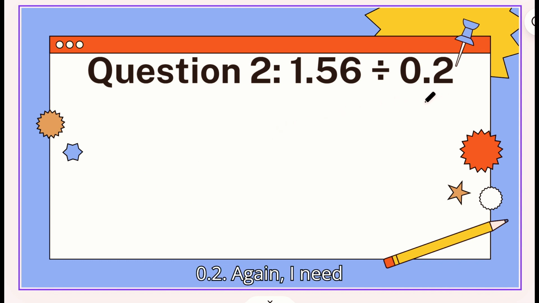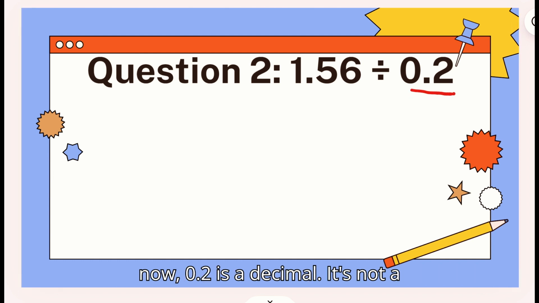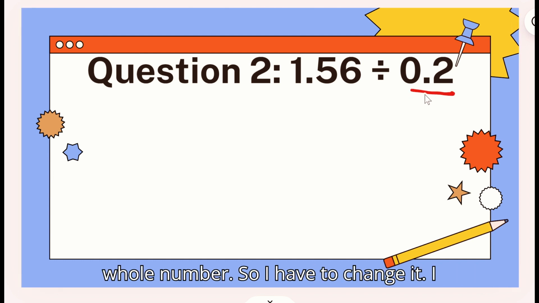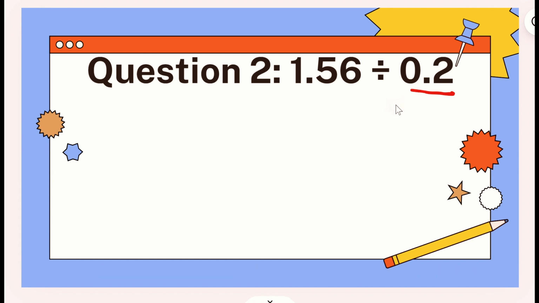My next question is 1.56 divided by 0.2. Again, I need to check if my divisor is a whole number or not. So right now 0.2 is a decimal, it's not a whole number. So I have to convert it into a whole number.